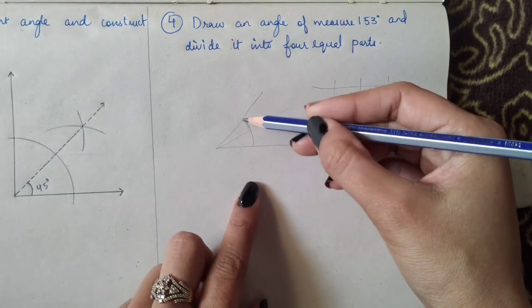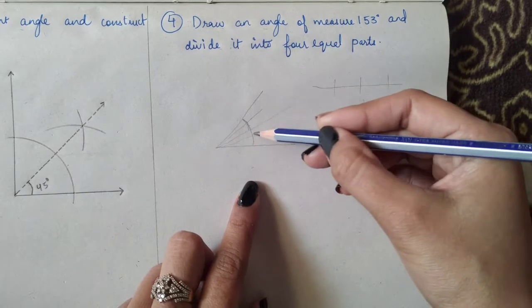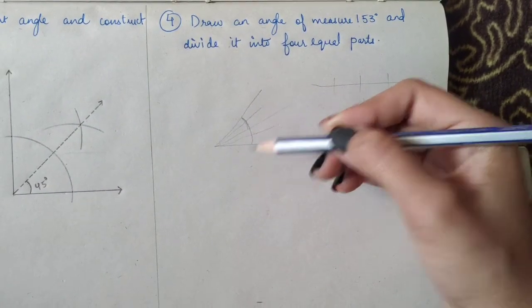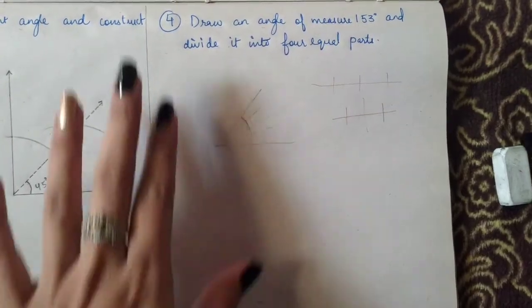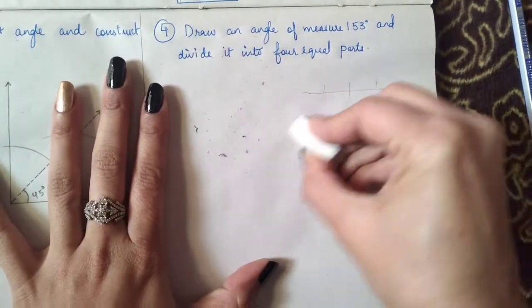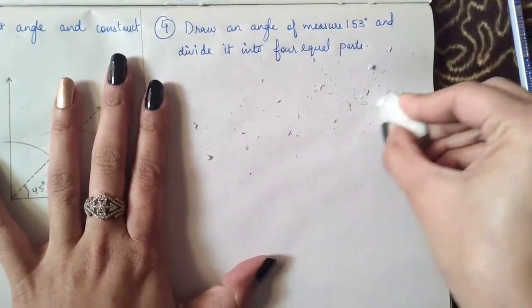Now if you bisect this part, you get 3 parts. Now if you bisect this part, you get the other 2 parts. So in total you get 4 equal parts. That's what we're going to apply in this question. First we'll draw an angle of 153 degrees, and then we'll try to divide it into 4 equal parts.